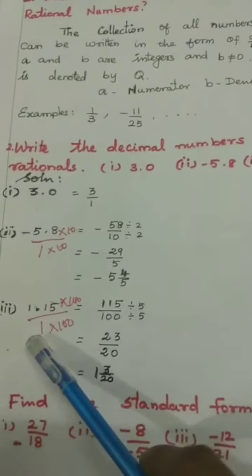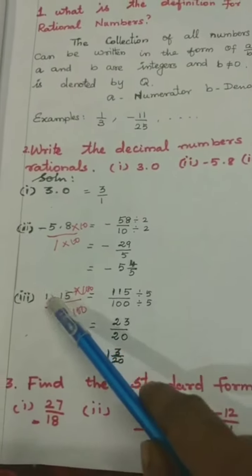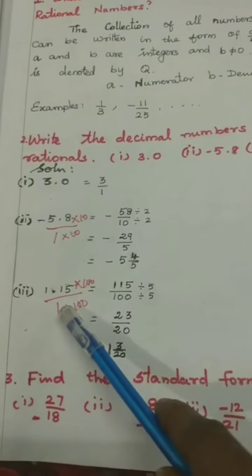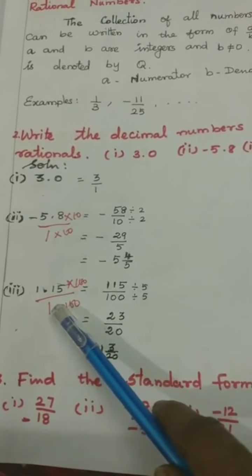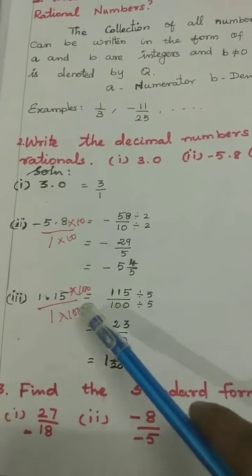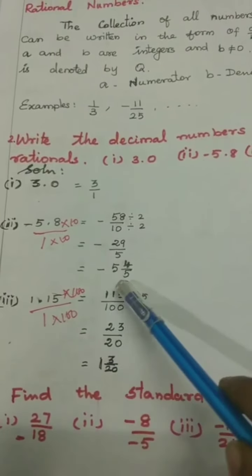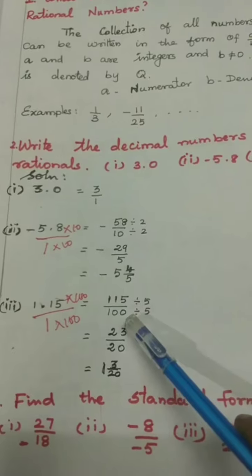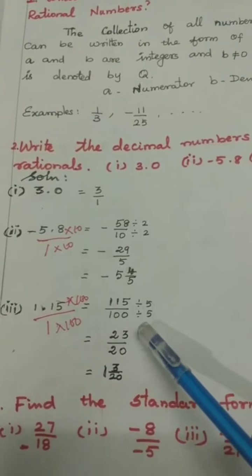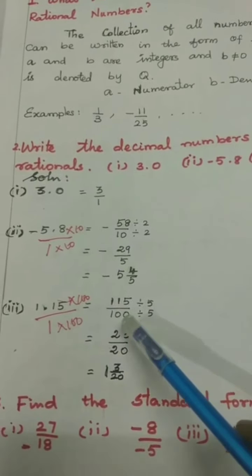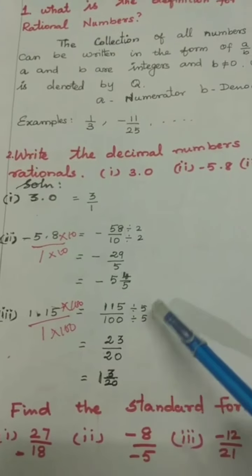Okay. Then 1.15. Here 2 digits. You have to multiply by 100 to make a whole number. Then you are multiplying both numerator and denominator by 100, and it will come as 115 by 100. Then divide both by 5. Both are divisible by 5.